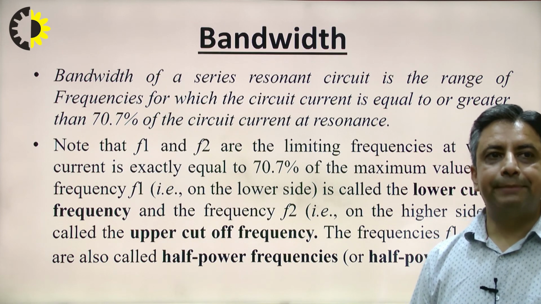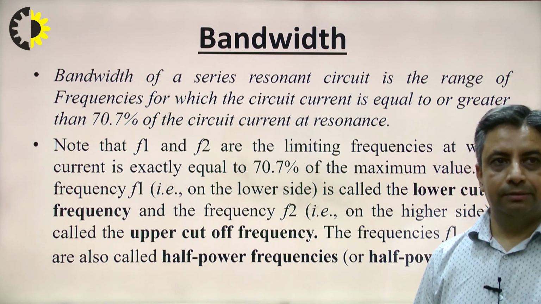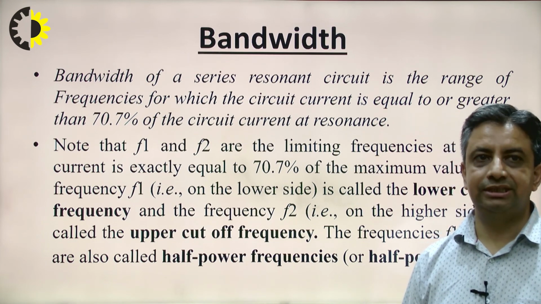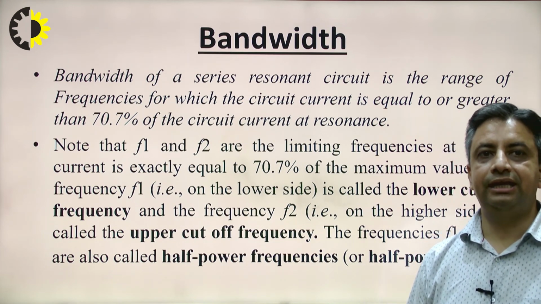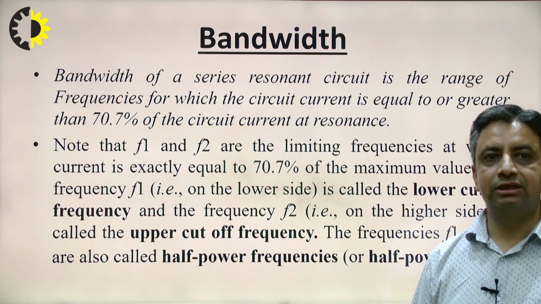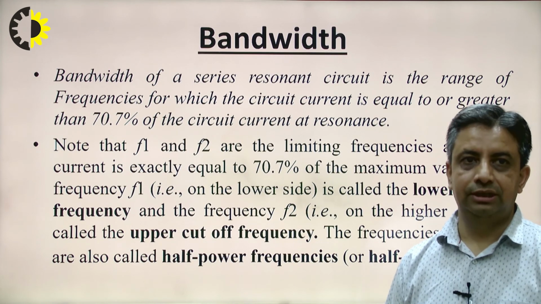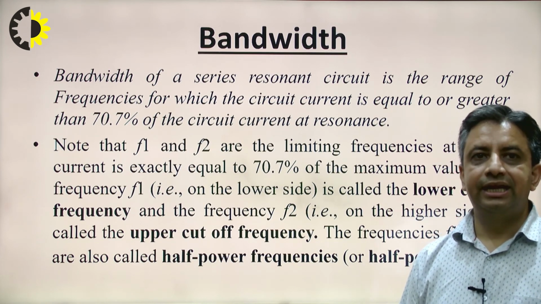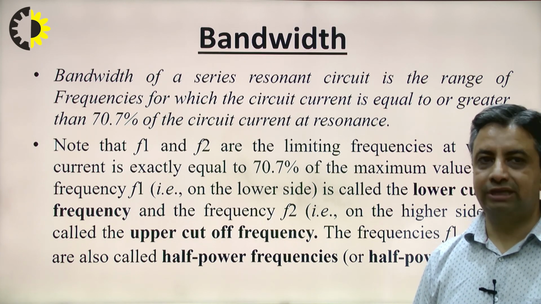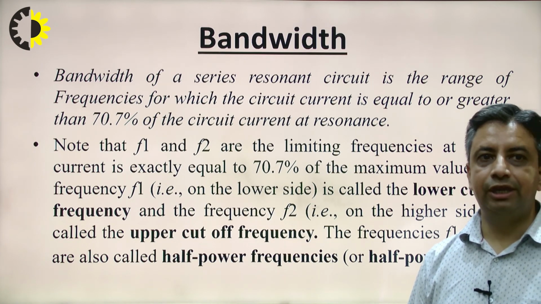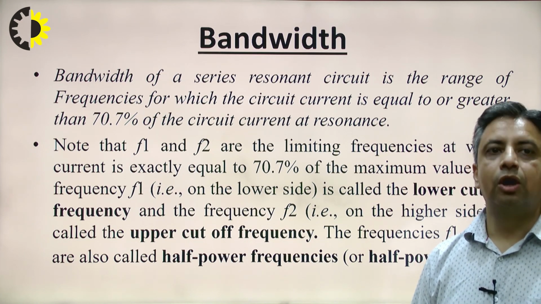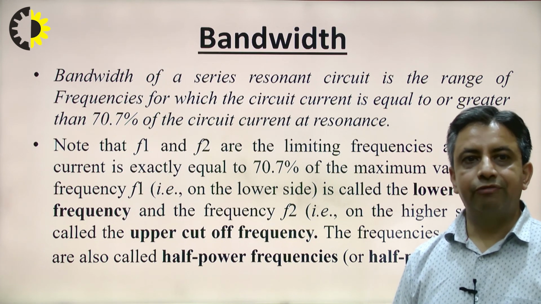Now coming to the bandwidth. The bandwidth of a series resonant circuit is the range of the frequencies for which the circuit current is equal to or greater than 70.7% of the circuit current at resonance. So basically it is the band of frequencies lying on either side of the resonant frequency where the value of the current is 70.7% of the current at the time of resonance.